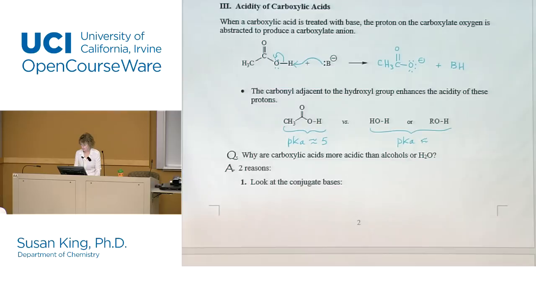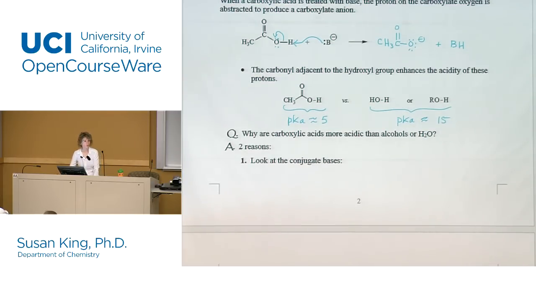So something pretty close to 15 here. If you had my class for 51A and 51B, those 8 pKa's that you had to know rounded to the nearest 5, that's also going to come in this quarter. Also, we're going to add a few things to that, just a few carbonyl compounds. So I'll let you know when that's going to happen.